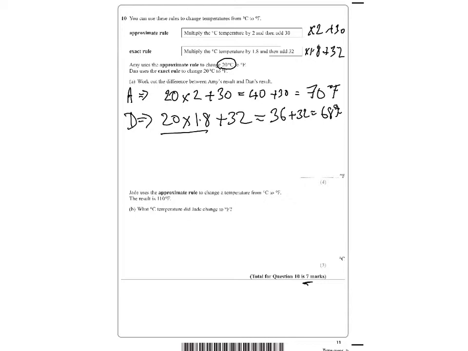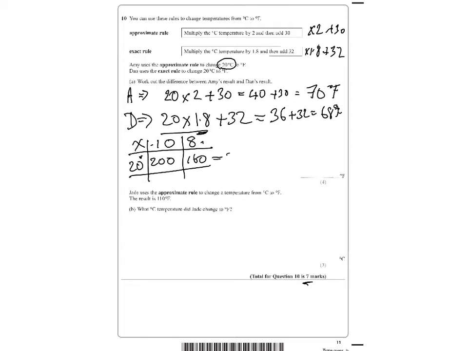I'm going to use the grid method first of all. So method 1. So I will draw a grid. I'll put the 20 here and I'm going to split the 1.8. I'm actually going to deal with it as 18 to begin with. So I'm going to have that as a 10 and 8. Multiply that together. So I have the 20 times by the 10 gives me 200.